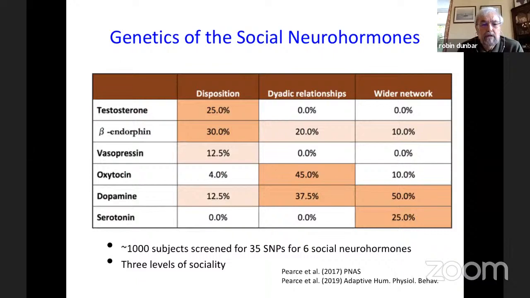One of the things that bothered us a lot when we started to think about the neuropeptide underpinnings of social behavior in primates and humans was that the literature seemed very messy. It was a very large literature, but very scattered in its focus. You had a lot of people looking at different neurohormones. Gillian mentioned testosterone earlier in her talk. And no one ever controlled for production of any of the others.